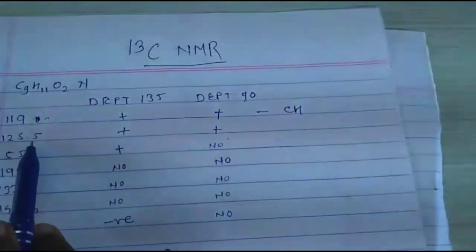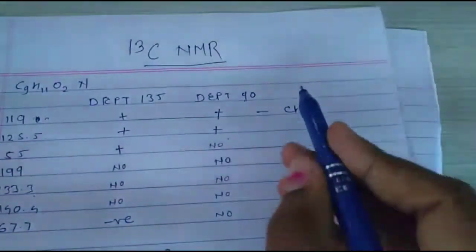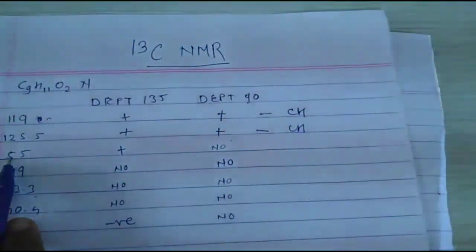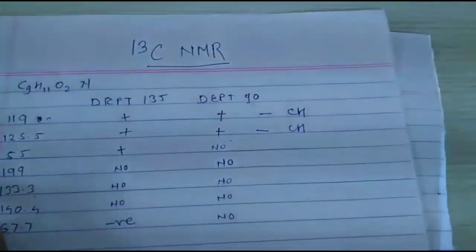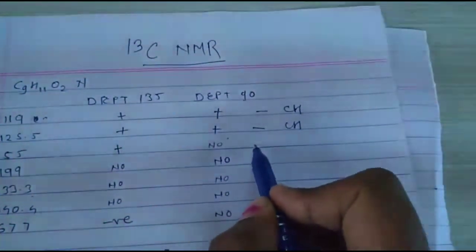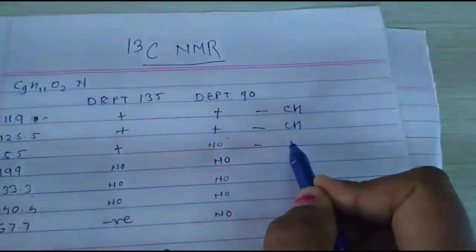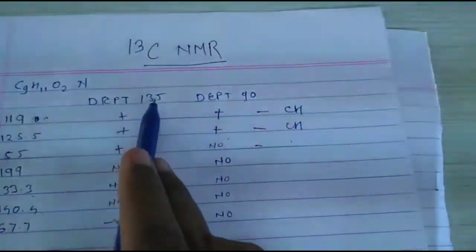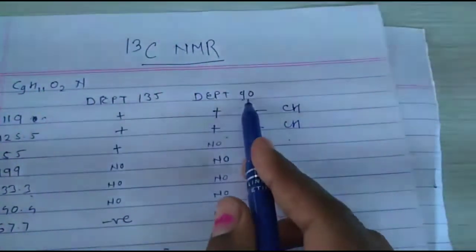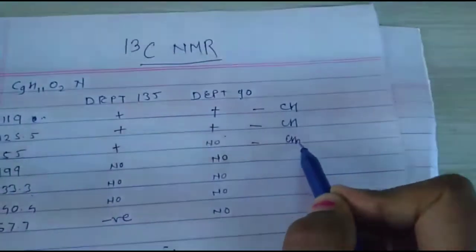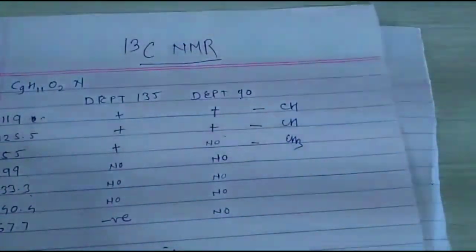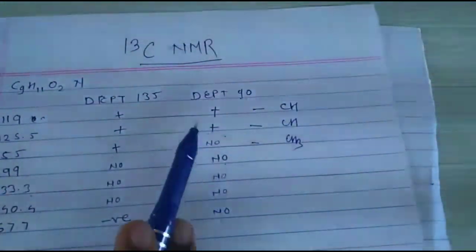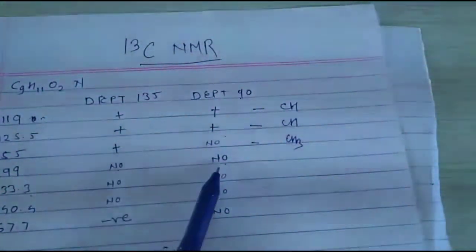Next is 125.5, both are positive, so it must be CH. Here 55, they give the quartet. That means this is the value of CH3. Why? Because here DEPT 135 is positive, but there is no signal in DEPT 90. Here 199 is a very high value, and there is no signal in DEPT 135 and DEPT 90.